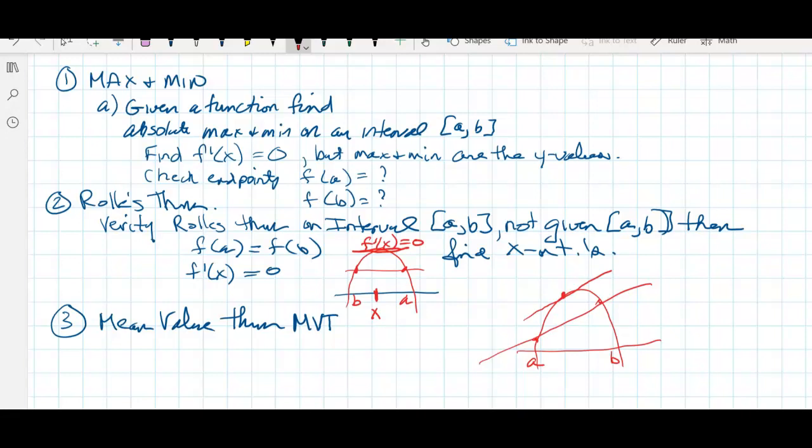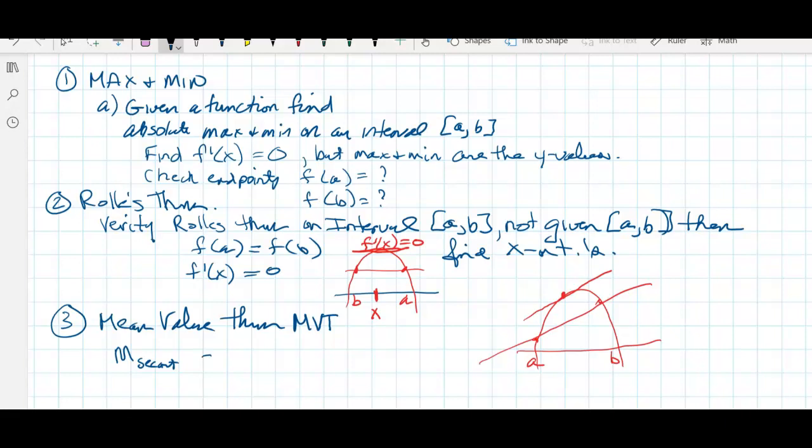Yes. So for the mean value theorem, because we're on this slant, we can no longer say the derivative equals 0, right? We have to figure out what that slope actually is. So you've got to find the slope of the secant line first. The first step is find m of the secant line.